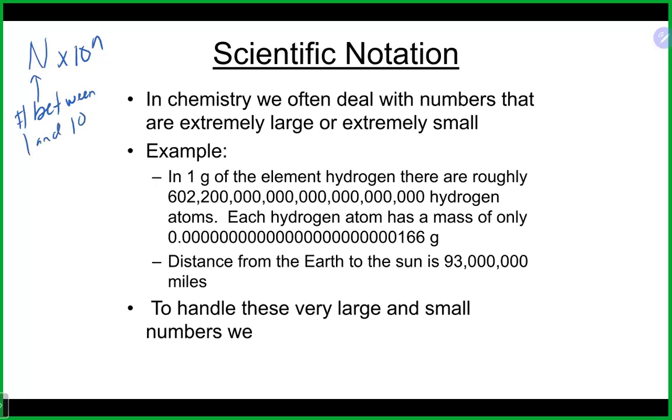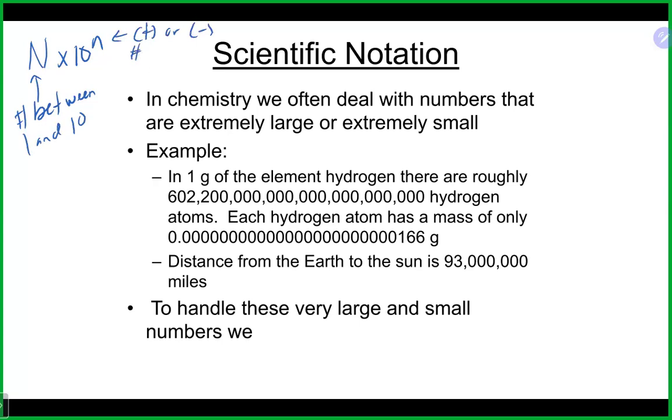Now, it can actually be 1 when you write something in scientific notation. It cannot be 10. So it's got to be less than 10, and it can be 1 and above, basically, but usually we don't use 10. And times 10 to the little n up there, this will either be a positive or negative number.